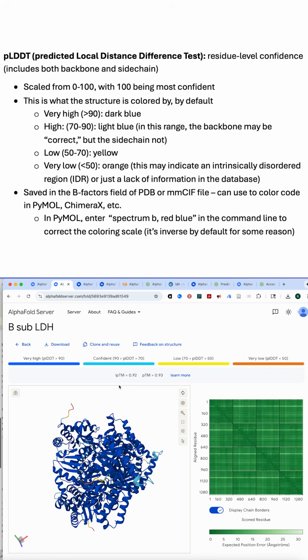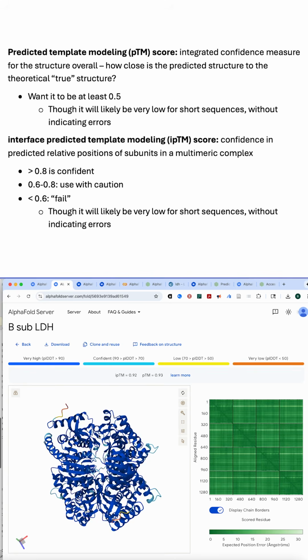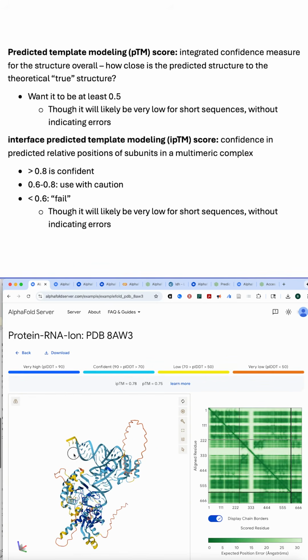What about overall? So overall, we could tell that this one was a lot more blue than this one. And you can see that this is reflected in this IPTM and this PTM. This is the predicted template modeling score, and this is the interface predicted template modeling score. Bottom line, this is a measure of the confidence in the structure overall, and you want it to be closer to 1.